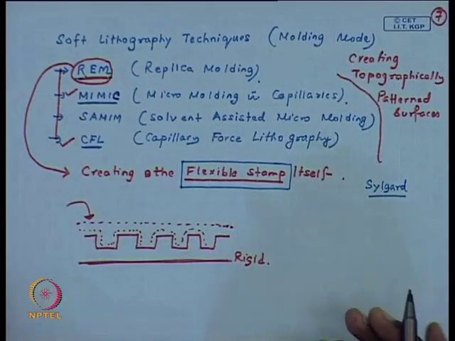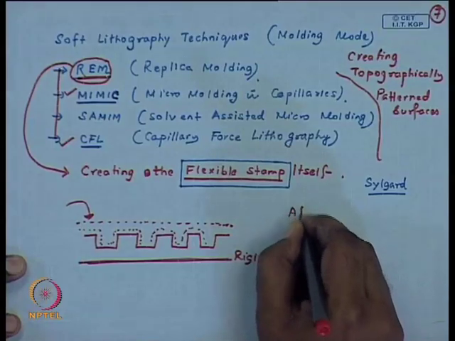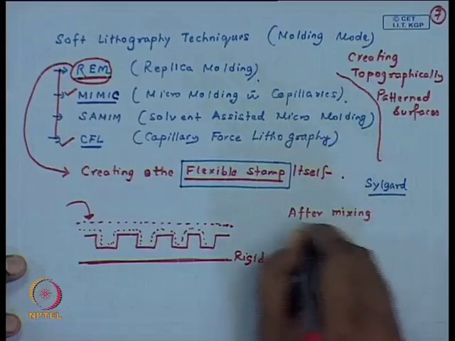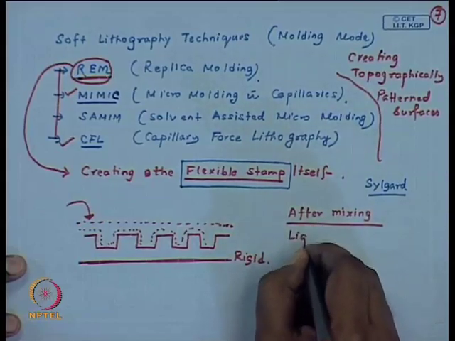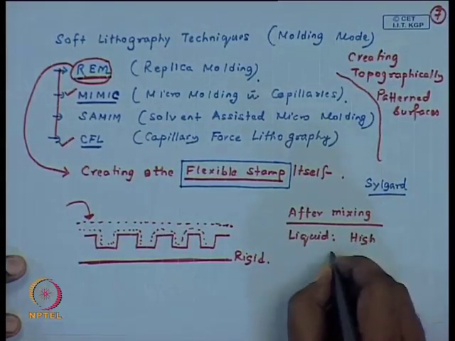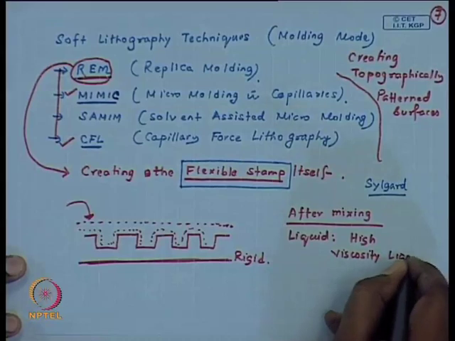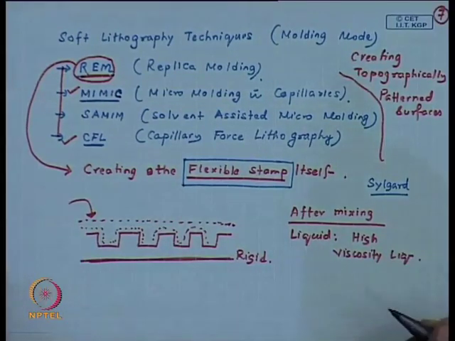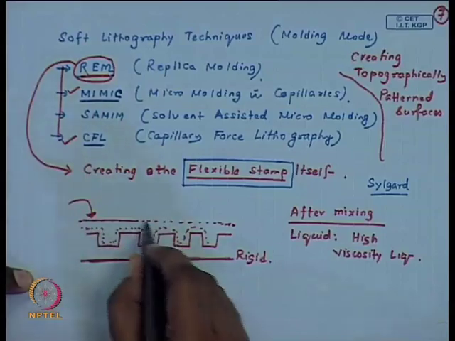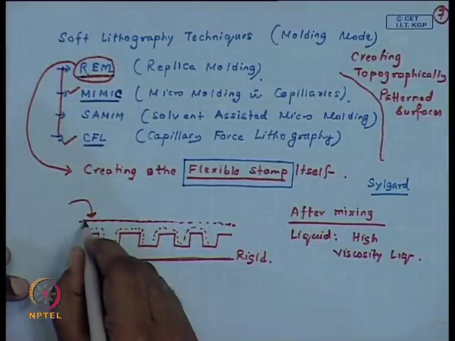And you need to give some time, because typically after mixing, it is a liquid, but it is a pretty high viscosity liquid. So, because of the high viscosity, it might take some time for mold filling and leveling out or flattening out.